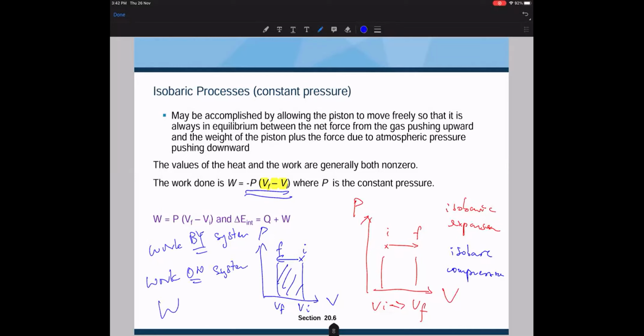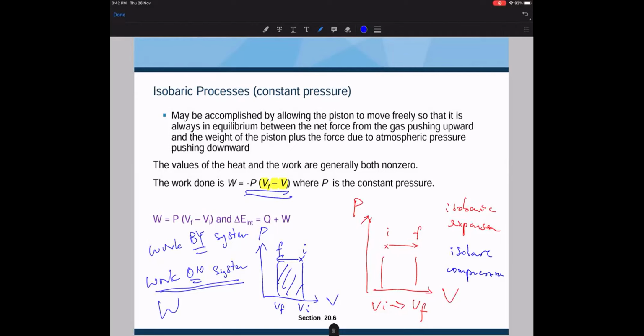W is the work on system. So a positive W means you are doing work on the system. Negative W means that the work on system is negative, which in fact means the external environment is actually gaining energy from the system. So it's actually work done by the system.